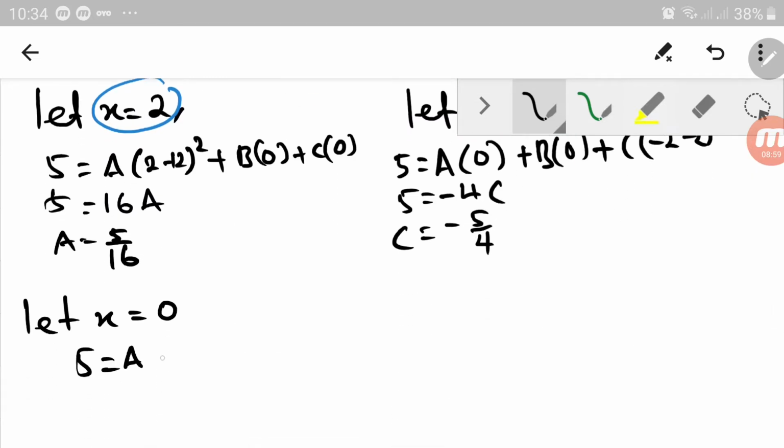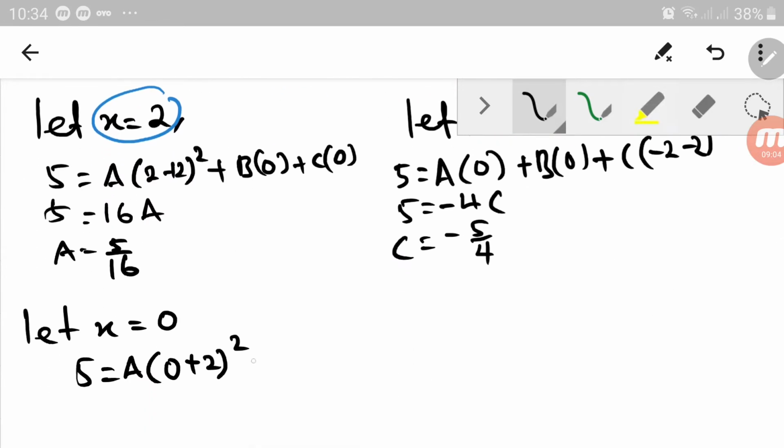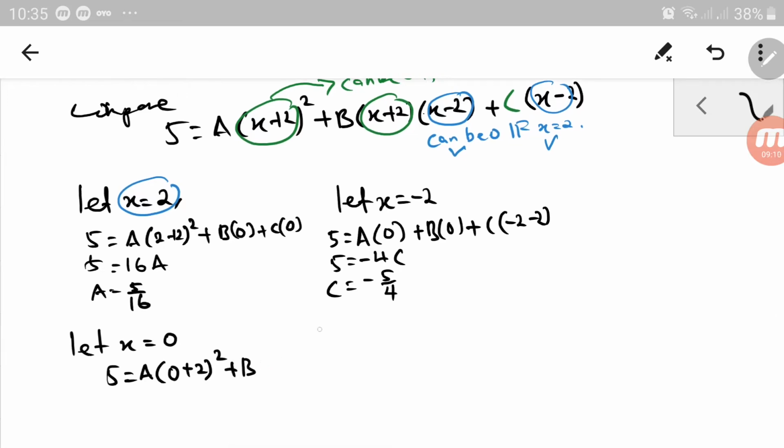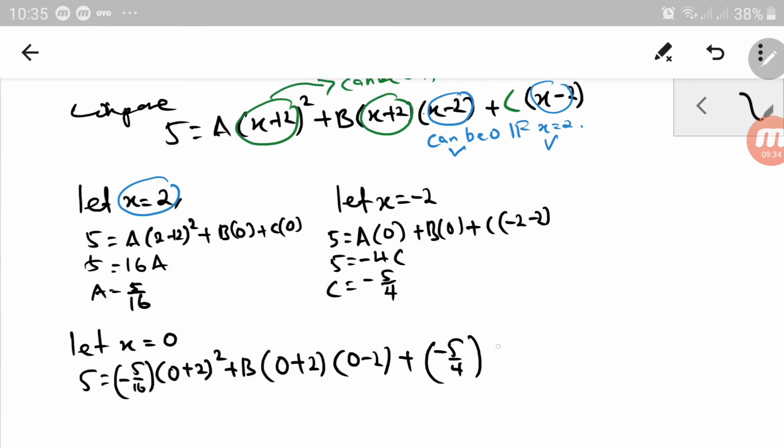So a times 0 plus 2 squared, plus, I make it smaller, difficult to write also. b we want to figure out. Sorry, a we already know. So 5 equals minus 5 over 16. And then b we don't know, but substitute 0 plus 2, and then 0 minus 2 plus c, we know already, minus 5 over 4, times 0 minus 2.